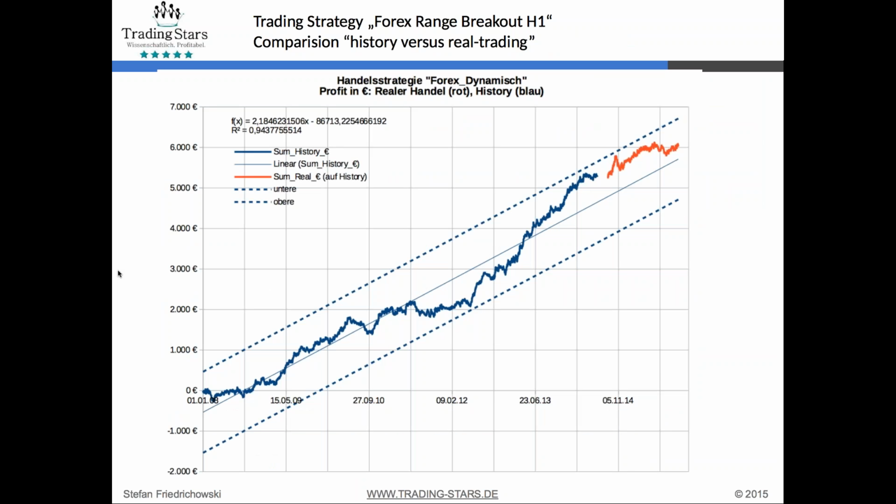We have nearly the same behavior in ups and downs. So what has happened in the past is valid in the now real future quite well. So a very well strategy, always adapting to the new market situations by using different times for order entries, different range breakout times, different multipliers.